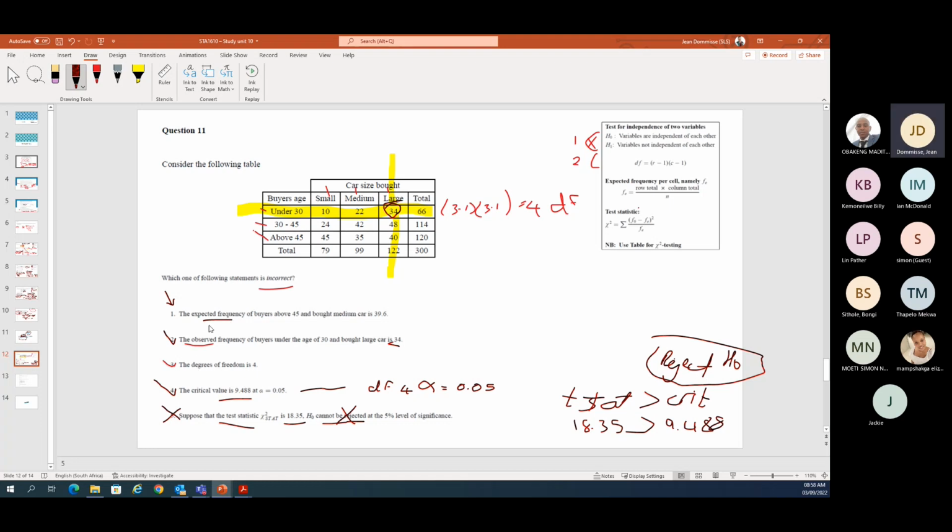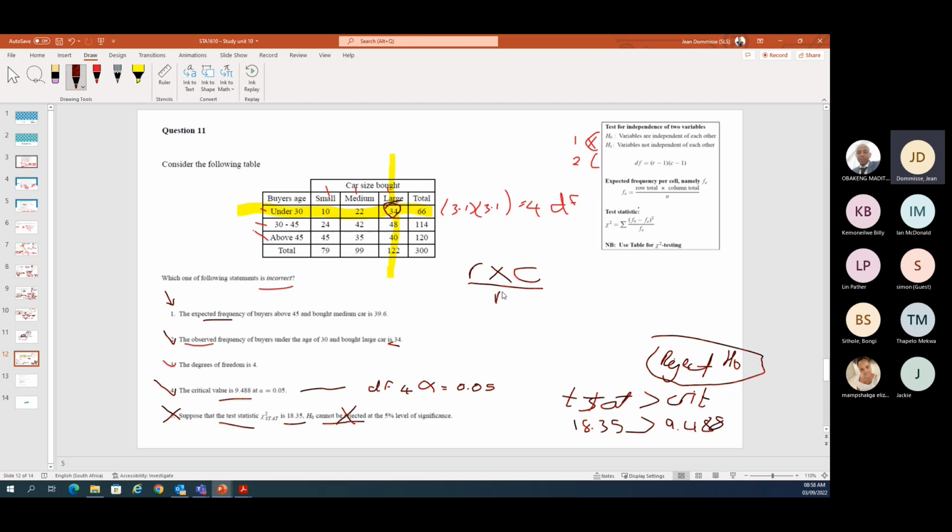Okay, lastly, let's work this out. Expected: the row total times the column total divided by the grand total will give you that.